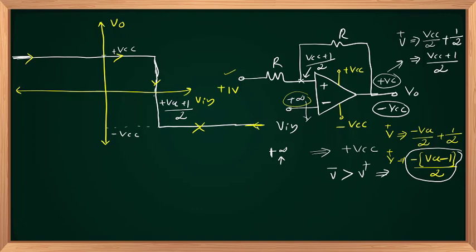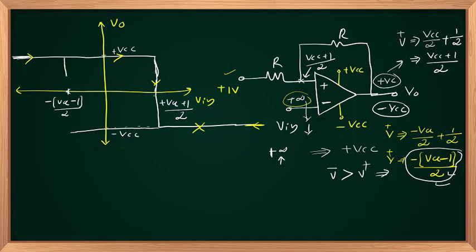So if you are increasing your Vin, the moment it reaches a value equal to this V plus, that is minus of VCC minus 1 upon 2, this will become less than this V plus value if Vin is to the left side of this point.